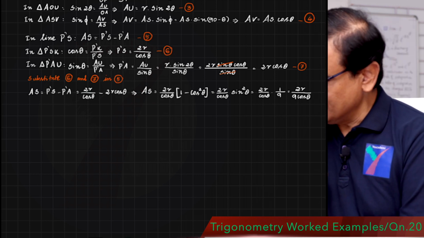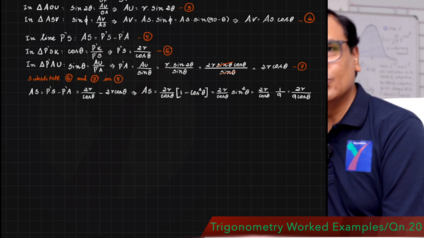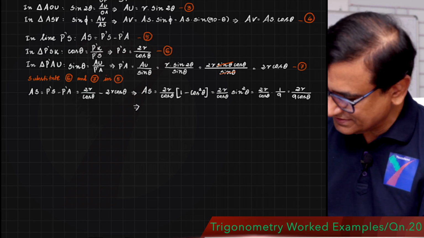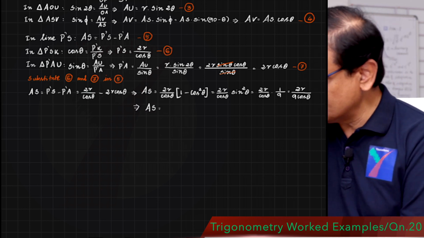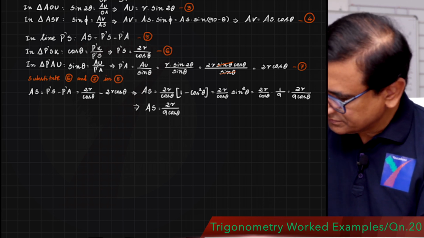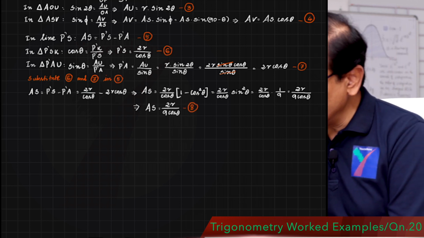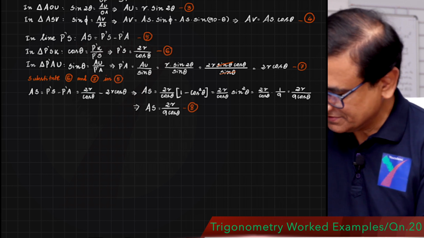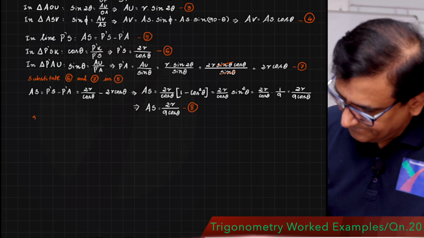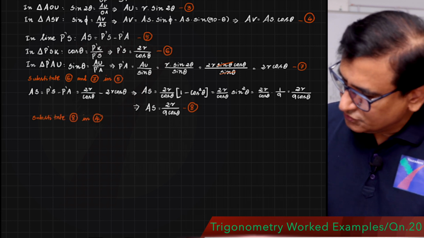So, we have AS. From AS, we can calculate AV by substituting this value of AS into equation number 4. Therefore, AS equals 2r divided by 9 cos theta. Let me call this as equation number 8. So, substitute 8 in 4. So what do we have?